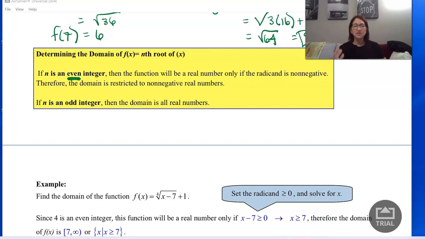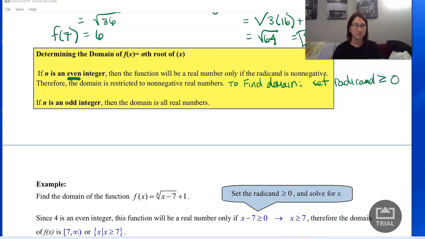Therefore, to find the domain, you need to set the radicand in an inequality greater than or equal to 0. If n is odd, then the domain is automatically all real numbers.